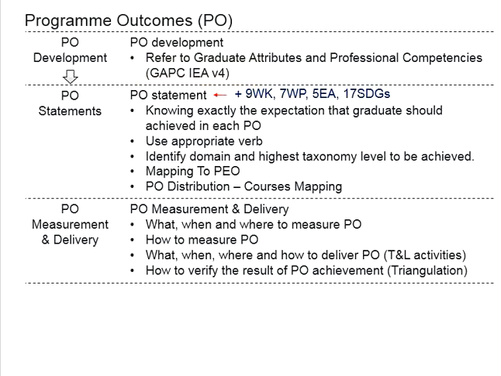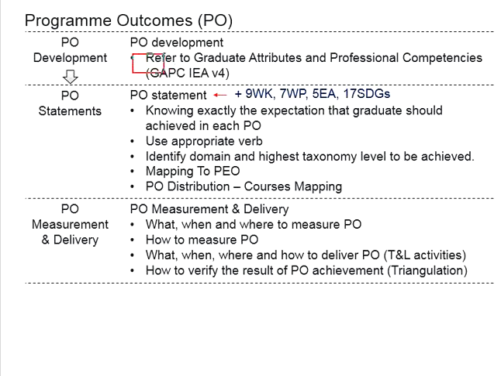You will need to constantly update with the latest versions of GAPC IEA. Version 4 was published in 2021. They will update the required GAPC from time to time. You have to make sure your programs are always updated with the latest versions of the GAPC requirements.